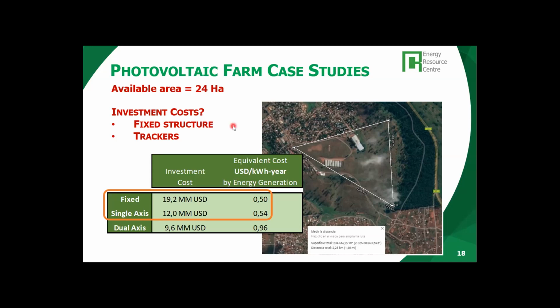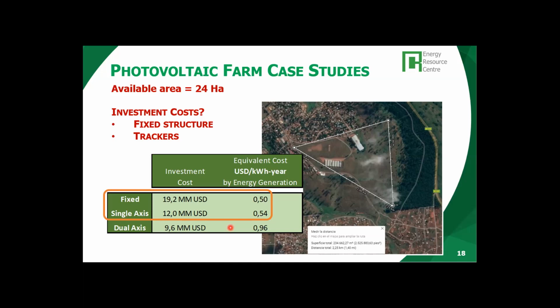But you can see the solutions with fixed structure or with single axis are more or less the same. The dual axis seems not to have to be considered, and this situation is in fact the same in all PV farm projects in the world.